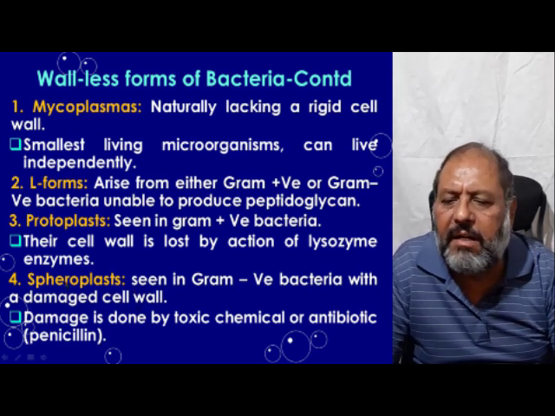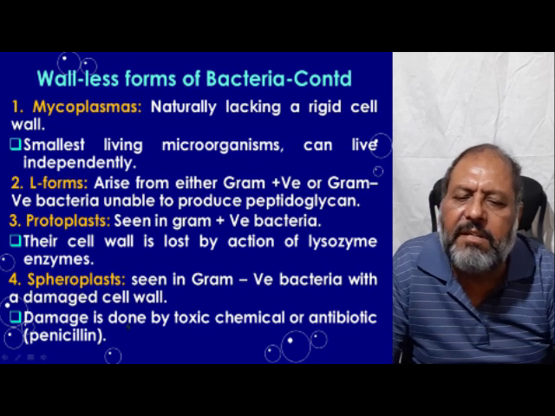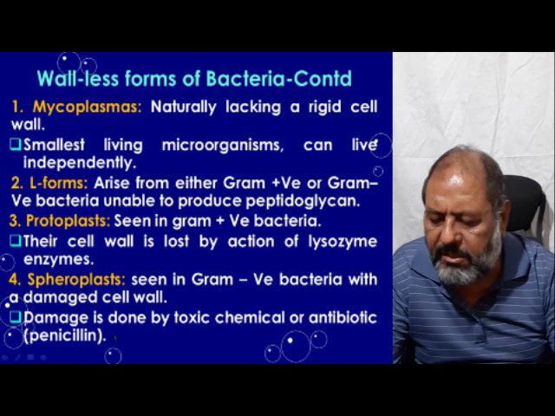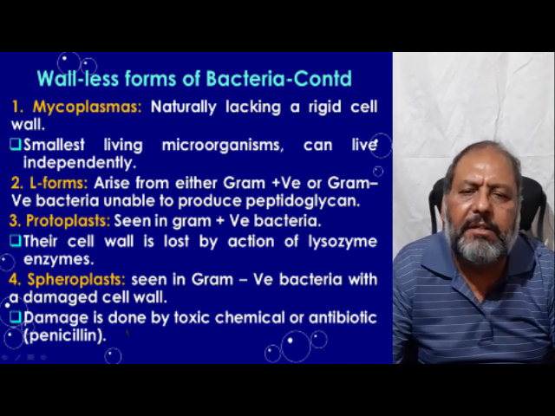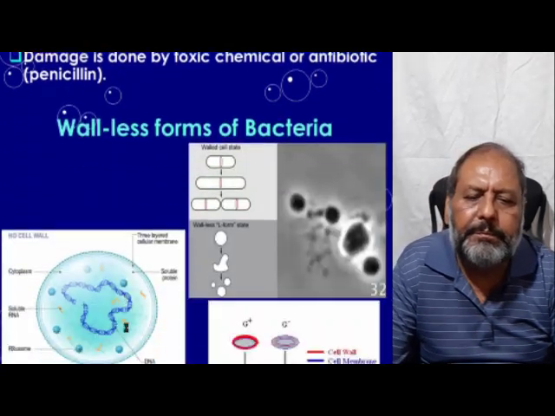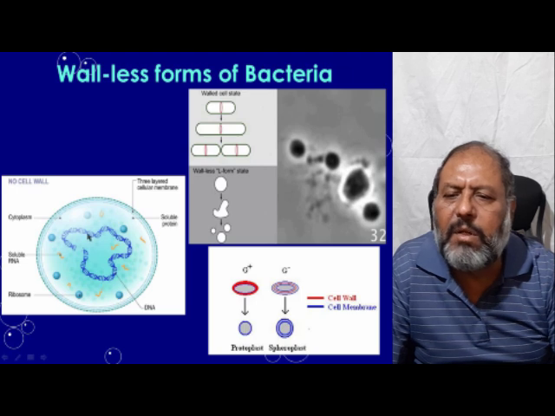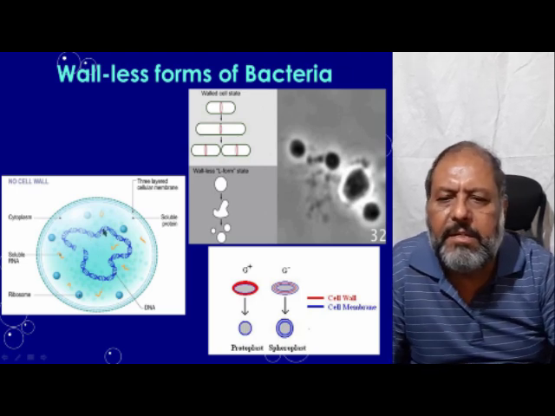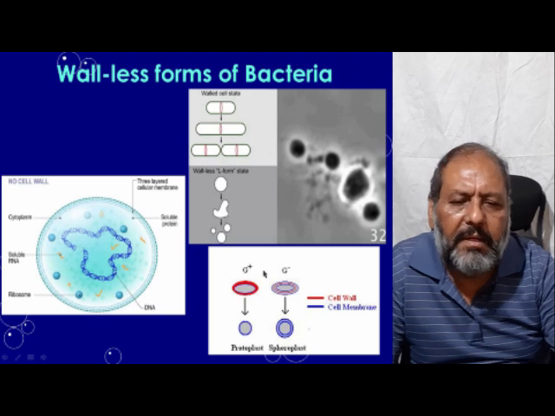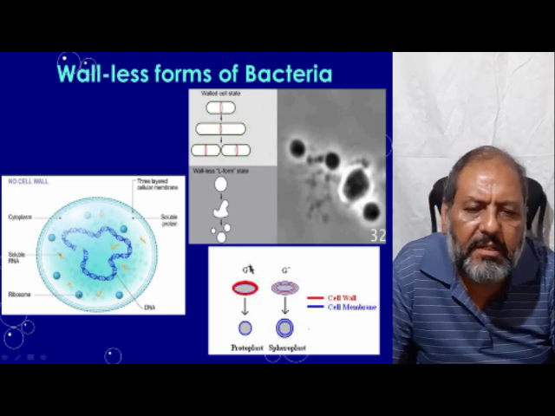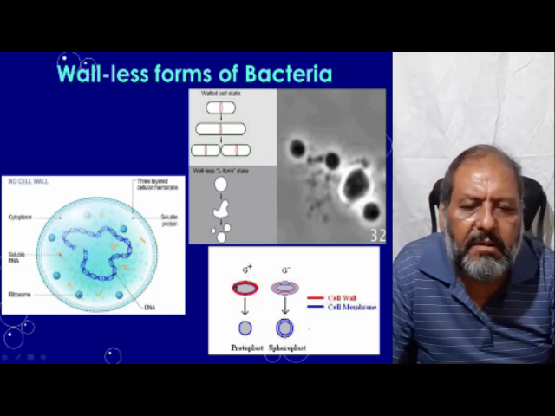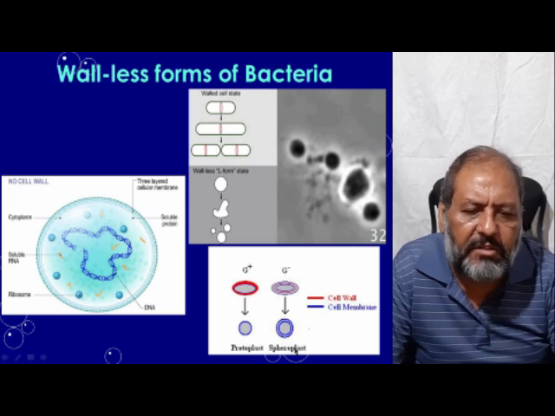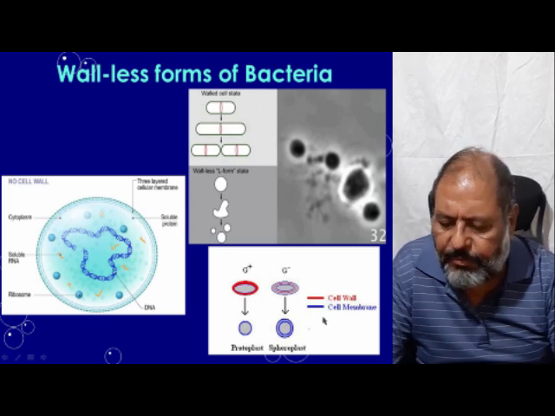Damage is done by toxic chemicals or antibiotic substances to damage the wall, and the bacteria become wall-less. Here one can see the different forms of the bacteria. There is the wall-less L-form, and then there is the protoplast, seen in gram-positive bacteria that have lost the cell wall, and in gram-negative bacteria, when they have lost the cell wall, they become spheroplasts.